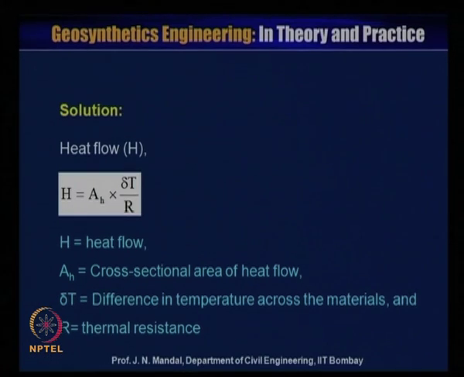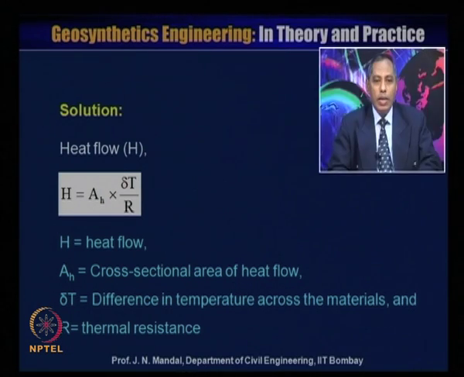Heat flow is H. The equation is H is equal to A_H delta T by R, where H is the heat flow, A_H is the cross-sectional area of the heat flow, delta T is the difference in temperature across the material, and R is the thermal resistance.